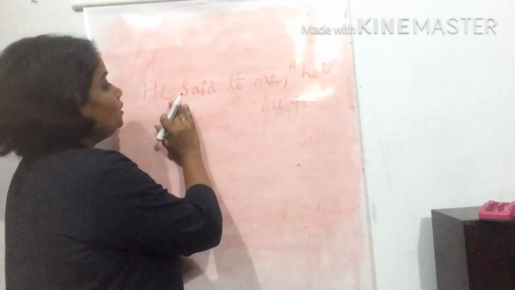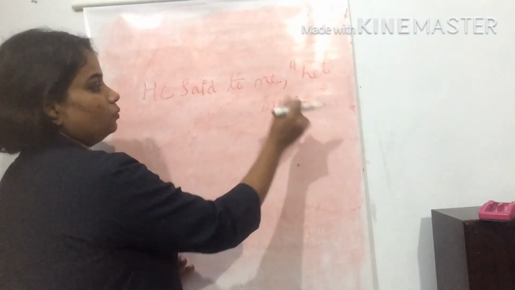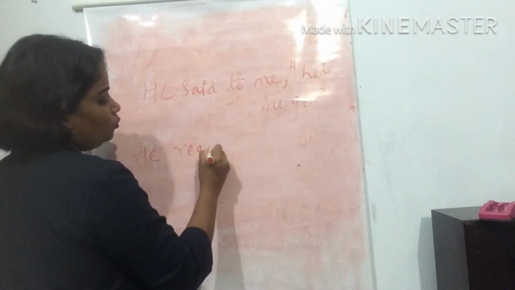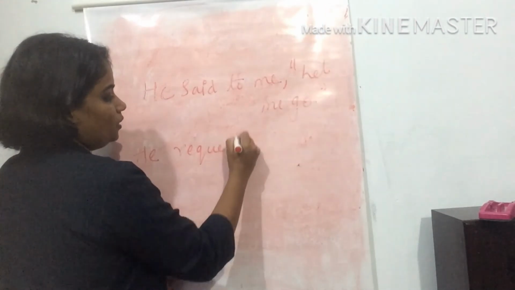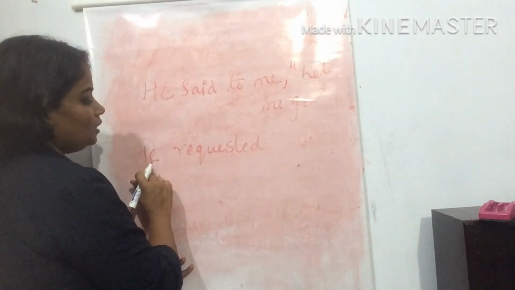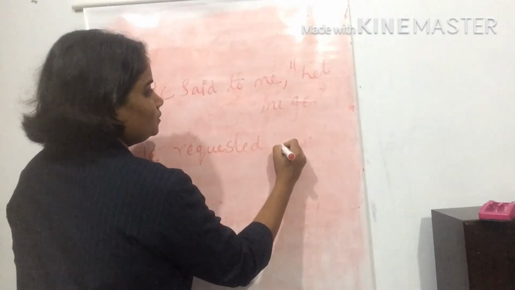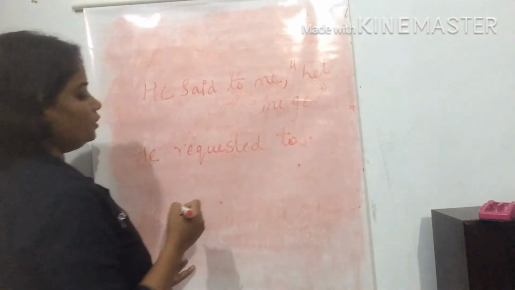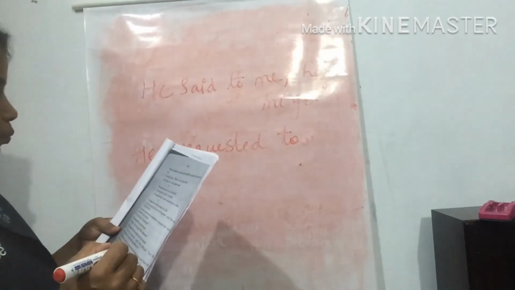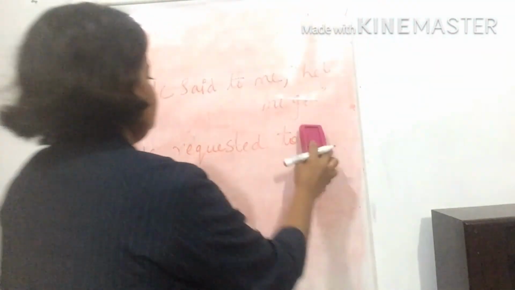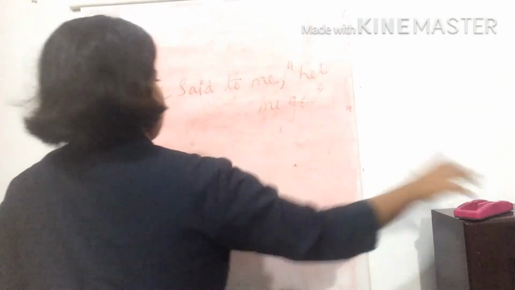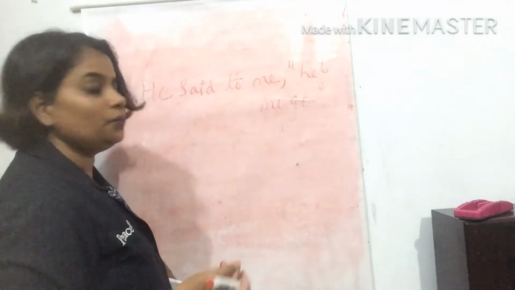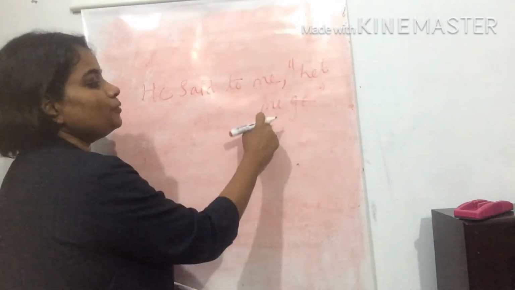Next one is, he said to me, let me go. Let me go is a kind of request. He requested me to let him go.